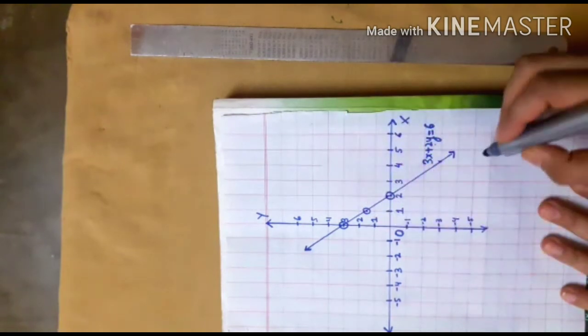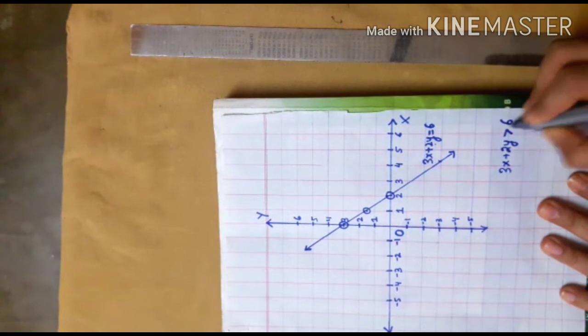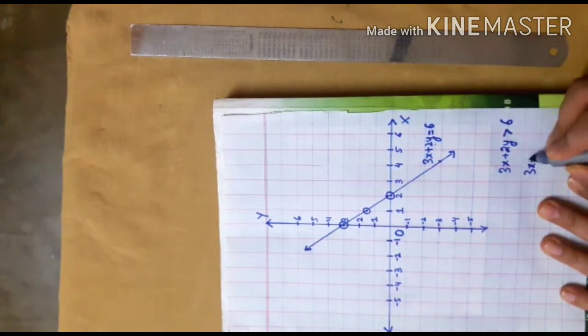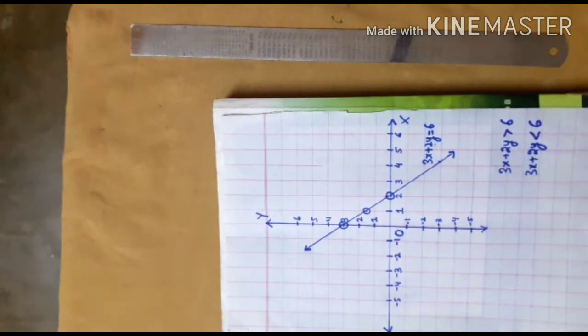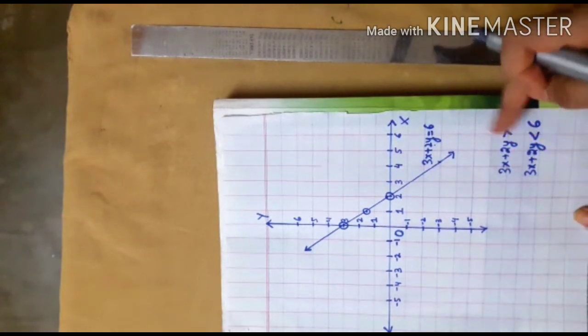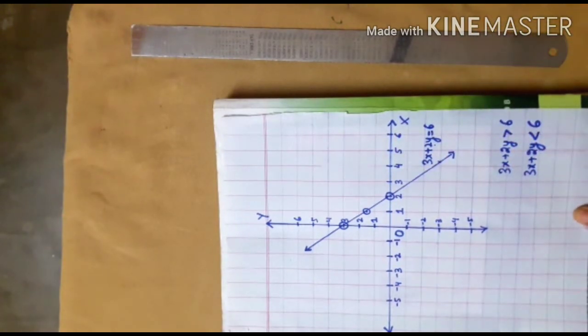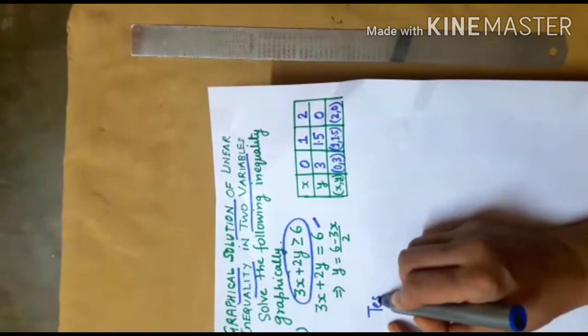One of these parts will represent 3x plus 2y greater than 6 and the other part will represent 3x plus 2y less than 6. Now I have to check which part represents which of these inequalities. So, what we do? We take a testing point.